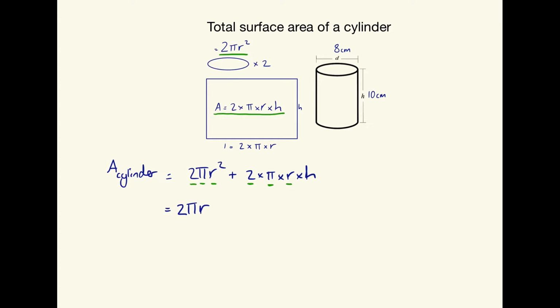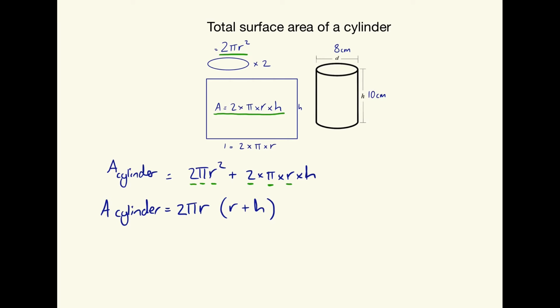And what will be left over is our r here, our second r, and the only thing left over is our h, or our height.